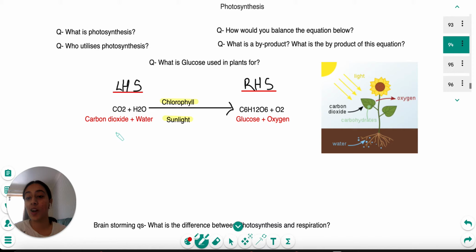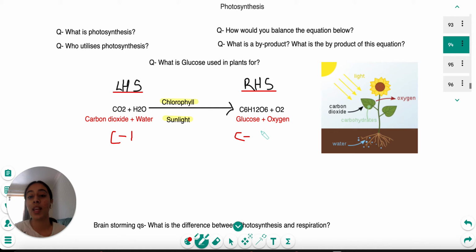Right, let's start off with balancing the carbon dioxide on the left-hand side, the LHS, and the right-hand side, the RHS. So how many carbon molecules are there on the left-hand side? One, well done. And how many carbon molecules are there on the right-hand side?